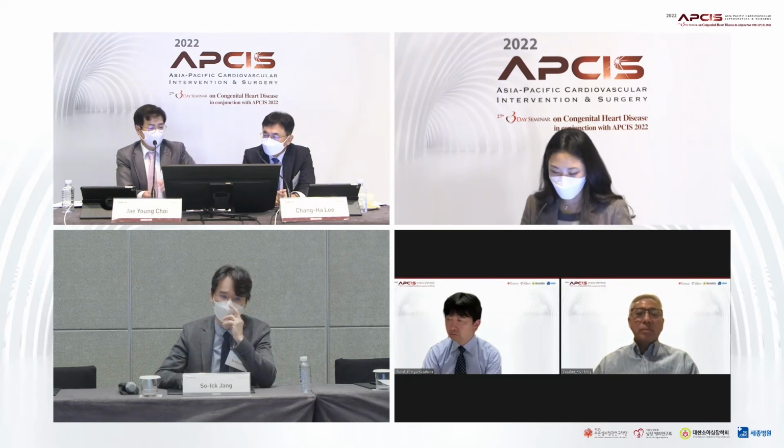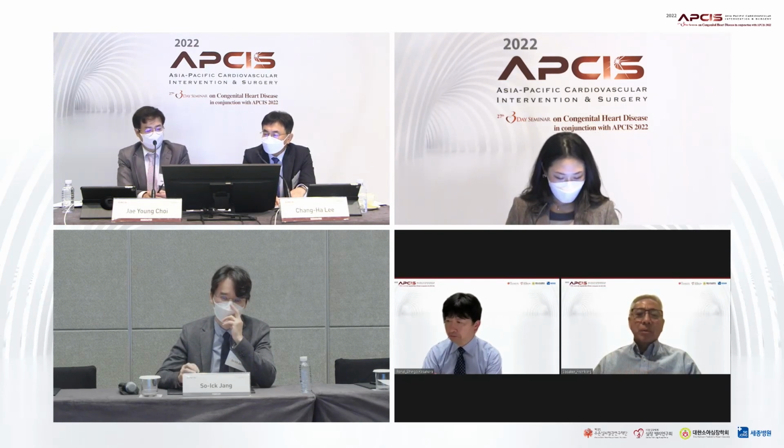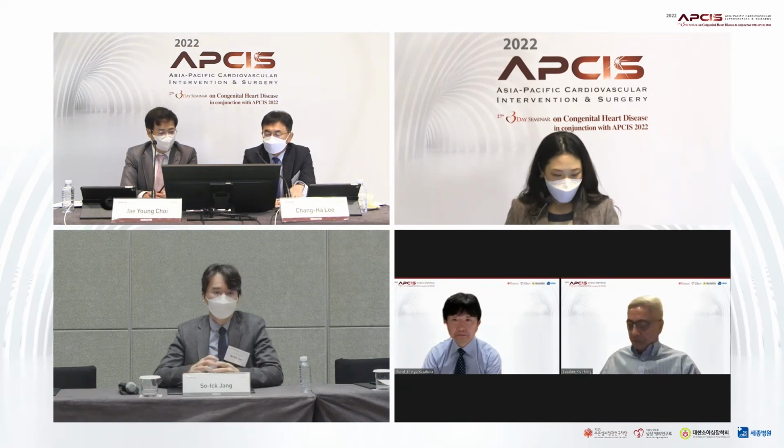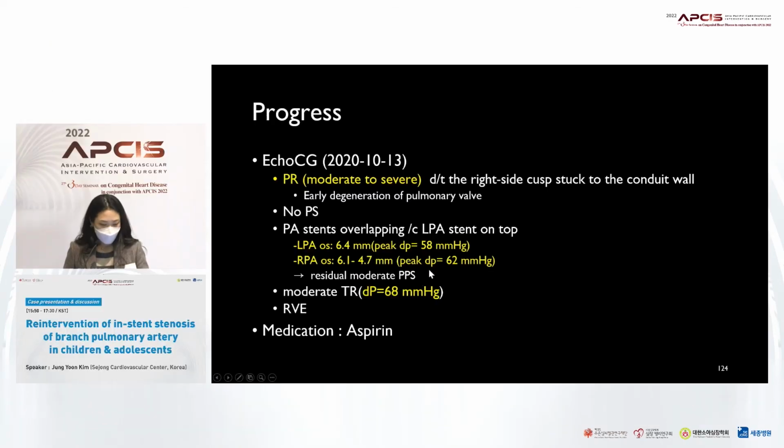Yeah, back to my slide. So there was progressive PA stent stenosis, progressive moderate TR, and a pressure gradient of 68 millimeters.